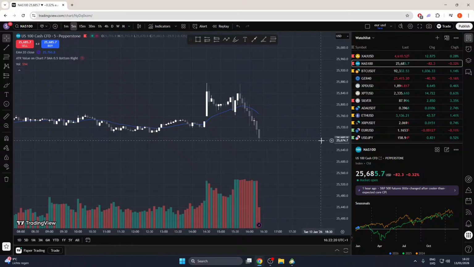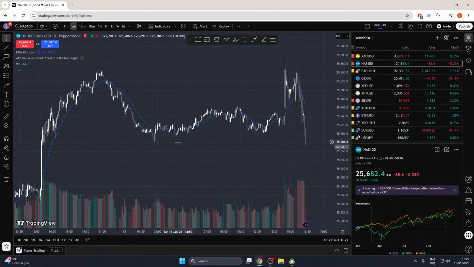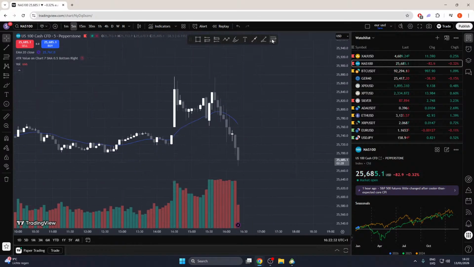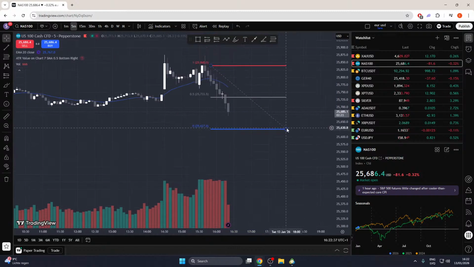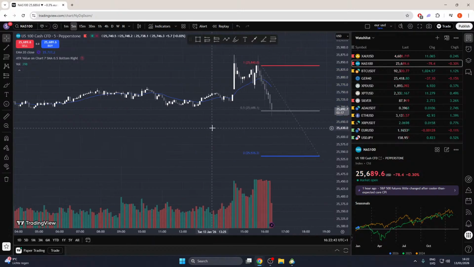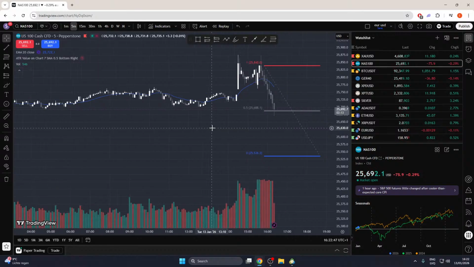Yeah, this is the overall low of the day. We have to see what happens here. I mean, this measured move, yeah, it's possible that we'll land somewhere in there.